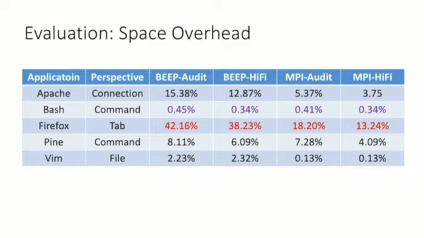So this table shows space overhead. By space overhead, I should recall some. We perform the instrumentation to tell the identifier to the provenance system, like the Linux audit system. We actually use the kill system call. Those are additional system events.